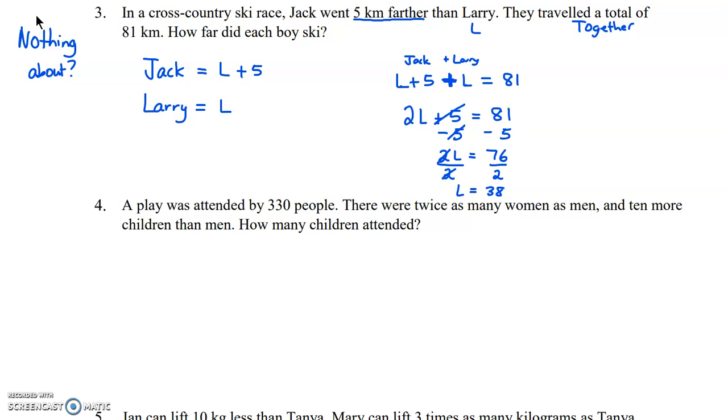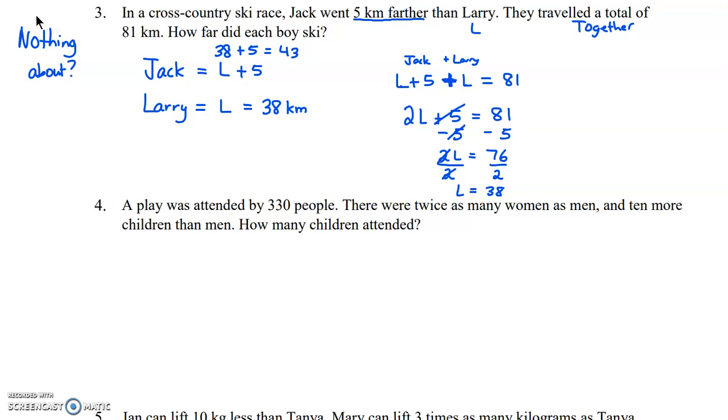Let's go back to the information we wrote over on the left-hand side. What is L? Well, L is Larry. Larry went 38 kilometers. And Jack went Larry plus 5. So he went 38 plus 5, which is 43.